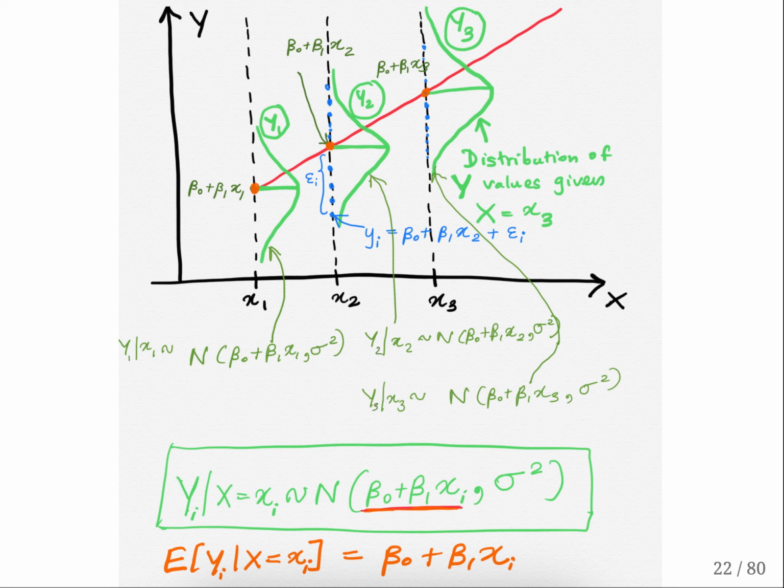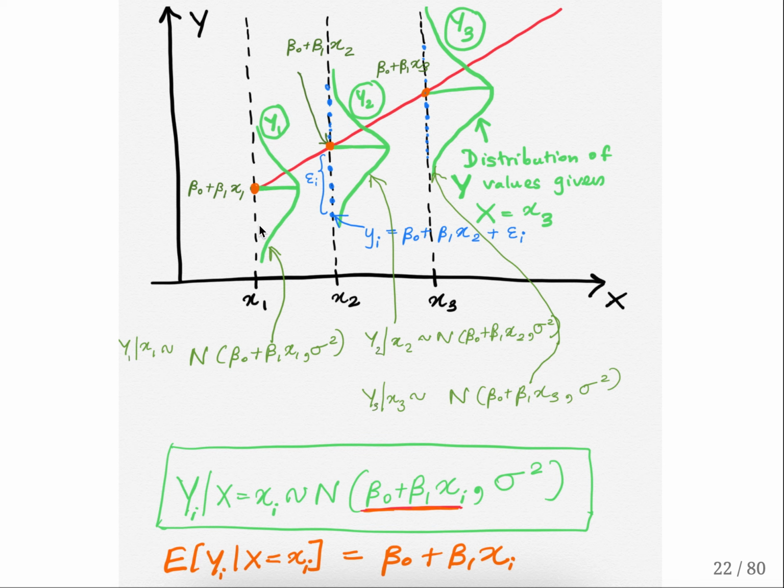The true regression line goes through the means of these distributions. It is the expected value of y given x equals xi, which is equal to beta naught plus beta 1 xi.